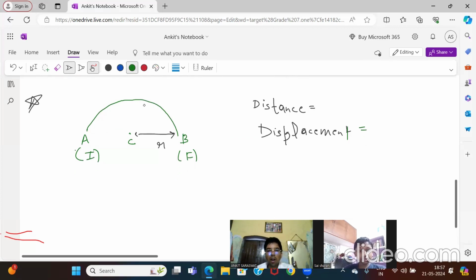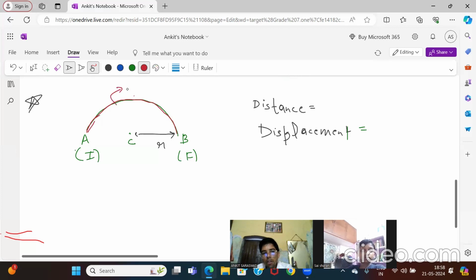The length of the semicircle. How much? See, distance means length of actual path. This is the path traveled by a particle.